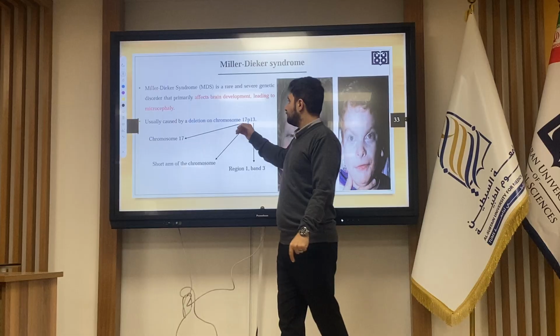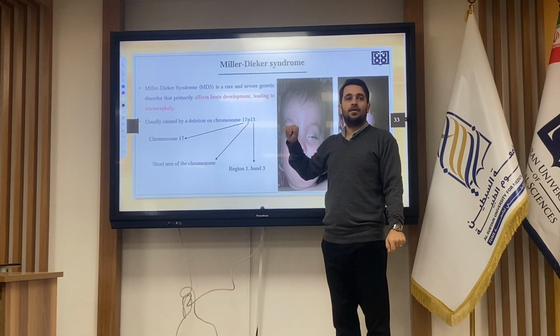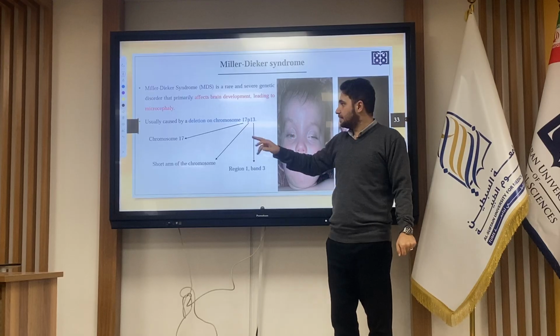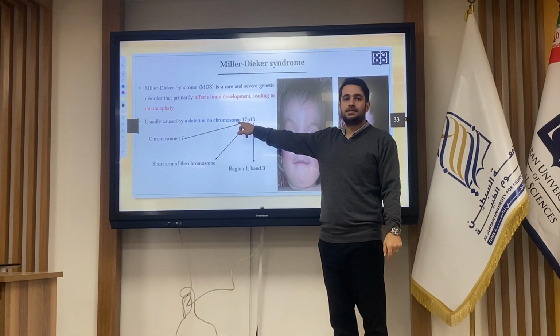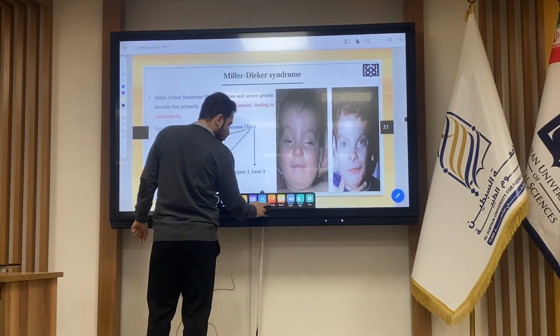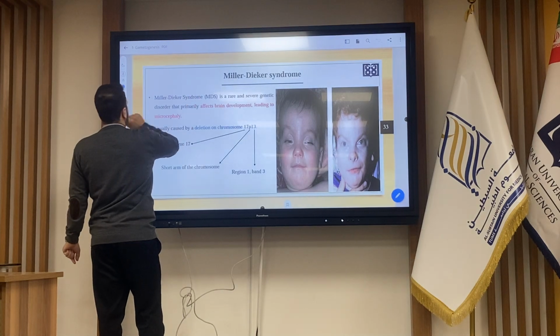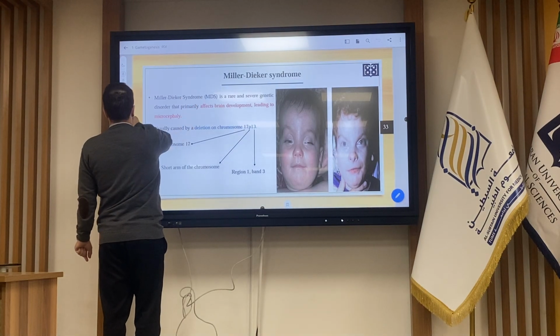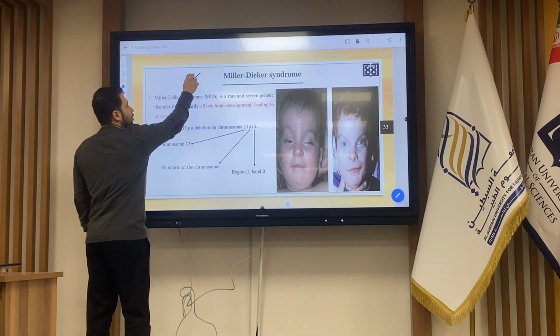Look at here, 17p13. What does it mean? It means that it occurs in chromosome number 17. And also, for example, this is a chromosome, okay?